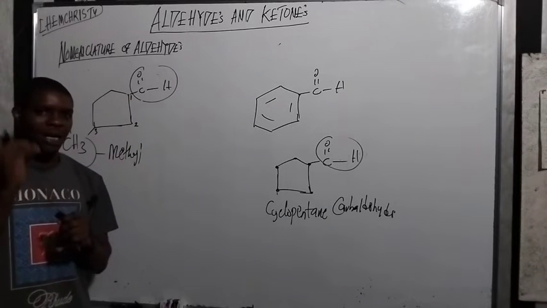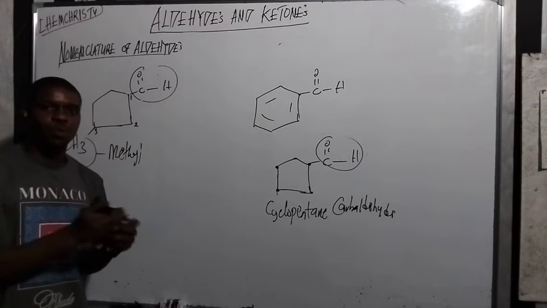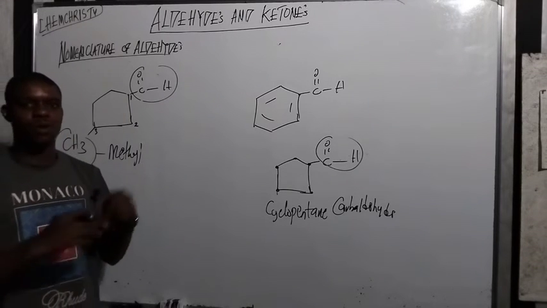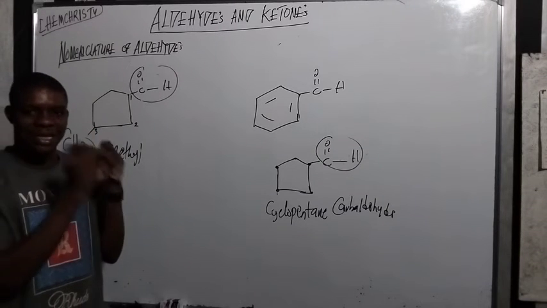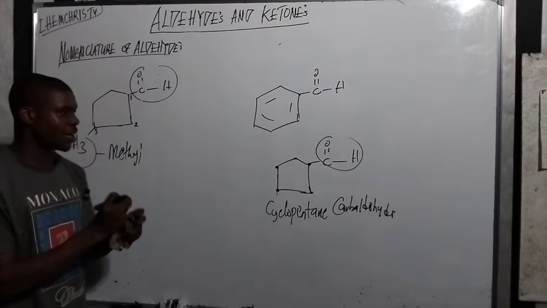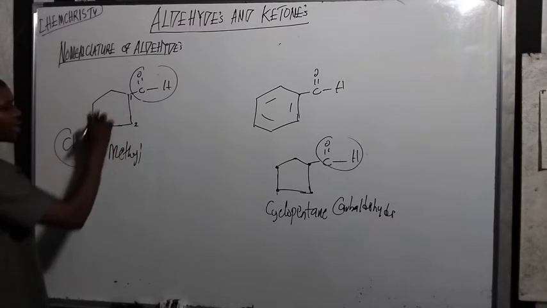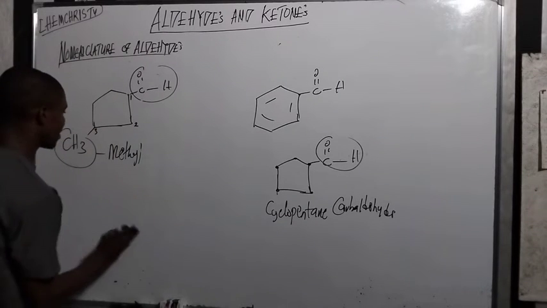Remember, in the rule of nomenclature, you must number in a way that the substituent has the lowest possible number. That is, the carbon atom that carries the substituent must have the lowest possible number. That is one of the key rules when you're naming an organic compound. So this methyl here is on carbon number 3, and the parent is cyclopentane carbaldehyde.